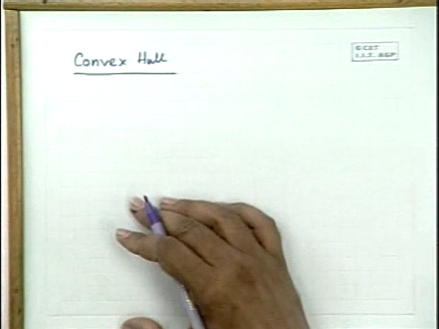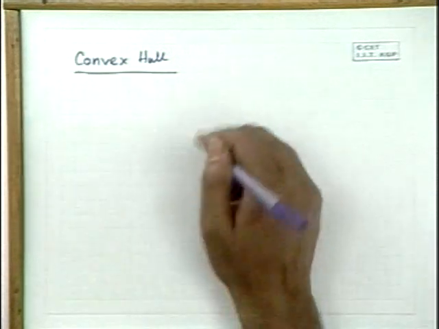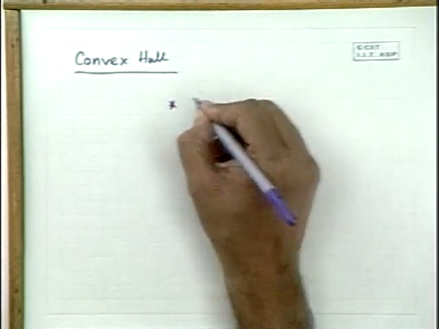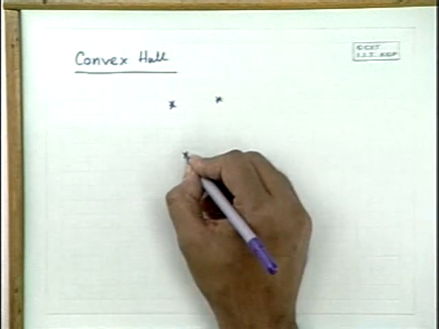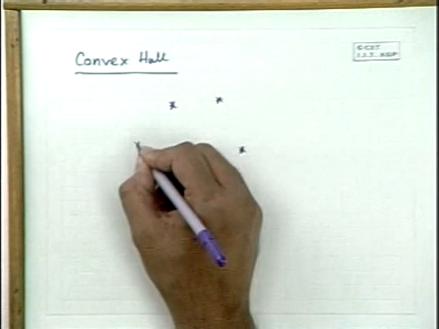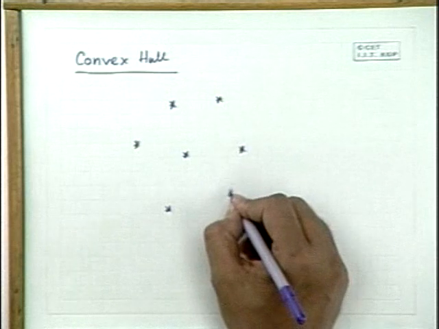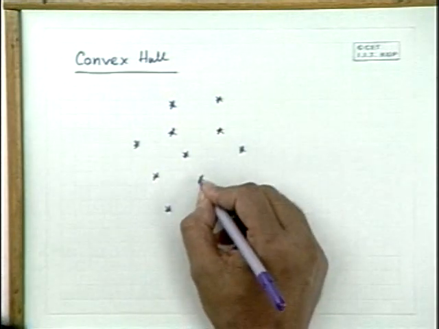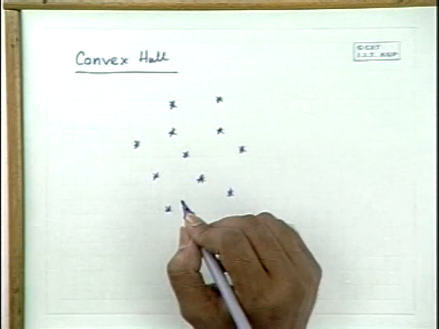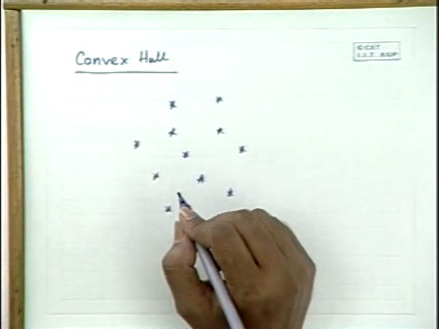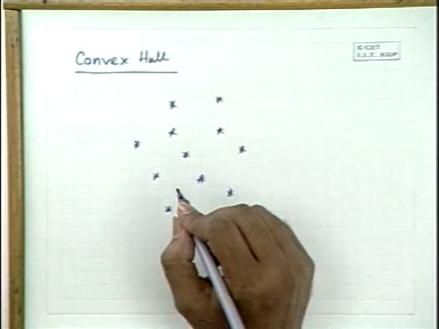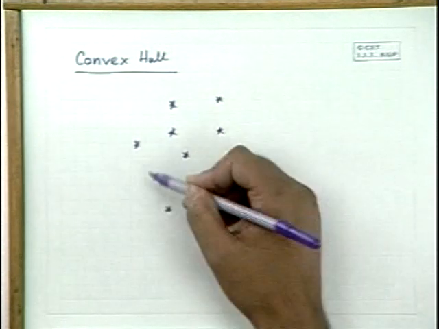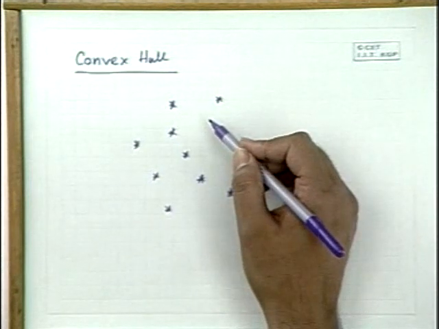Suppose we have been given a set of points in 2 dimensions. The convex hull of this point set is defined as the smallest convex polygon which contains this entire set.